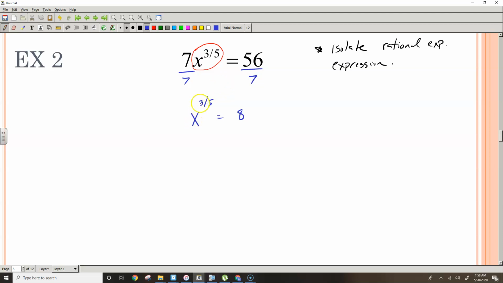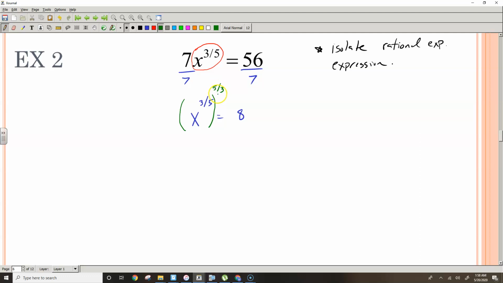Right? So this is x raised to the 3/5. What are we going to have to raise both sides by to make this x to the first power? Well, I'm going to raise it to the 5/3. The reason is, if I have x to the 3/5 raised to the reciprocal of 5/3, then I multiply these numbers to get x to the 15/15, or x to the 1.